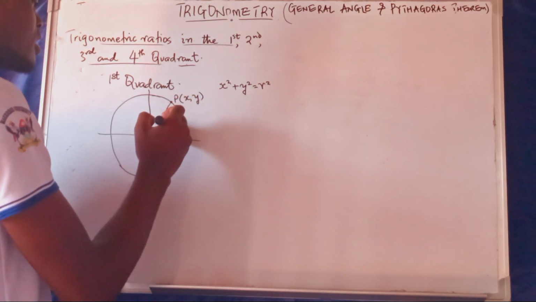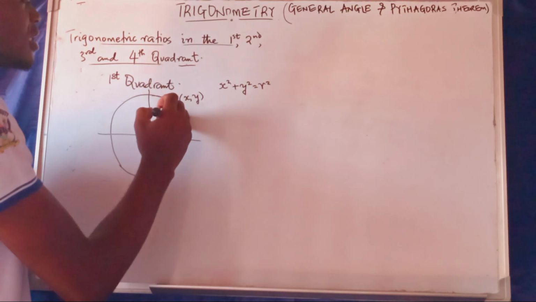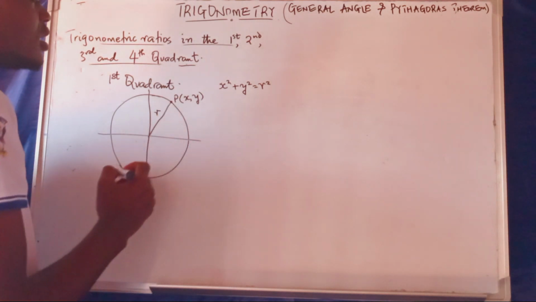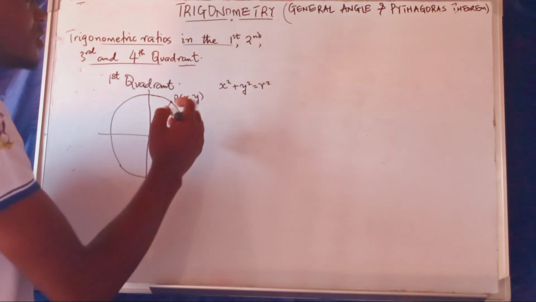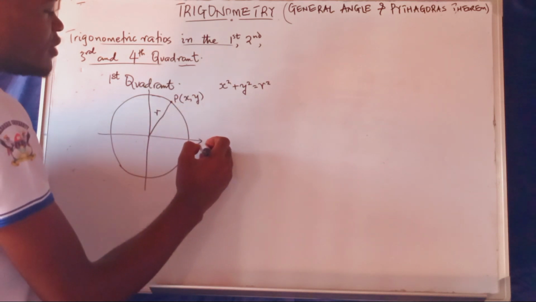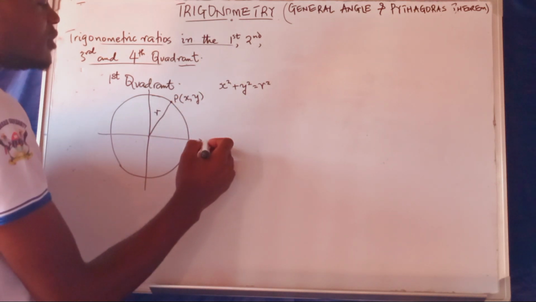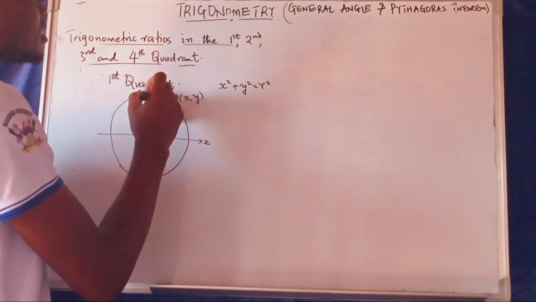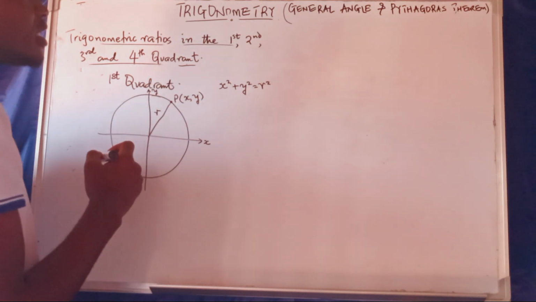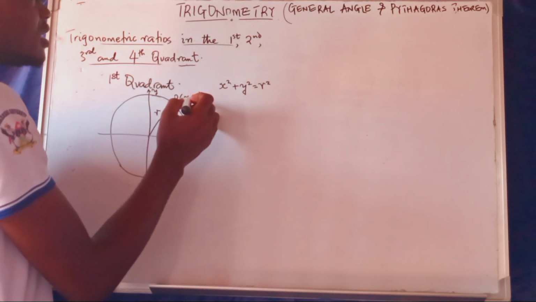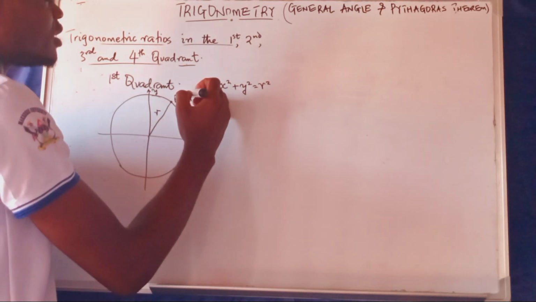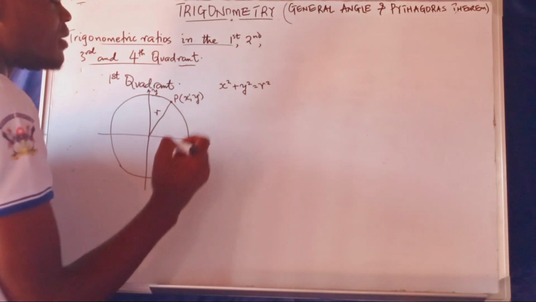So the radius is just drawn from the center. This is r. This is my point, my length r. So it means that this is the x axis and this is the y axis. So it means that this point, I can call it x prime and y prime.